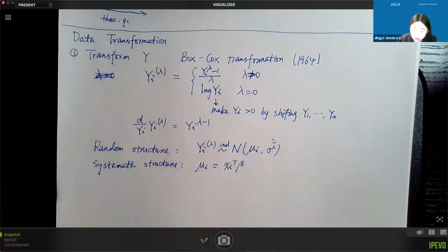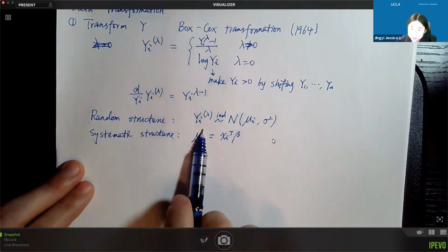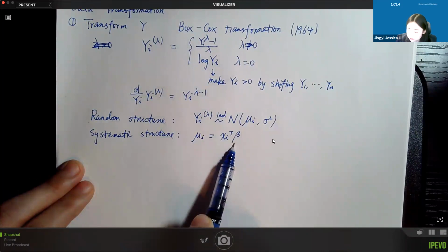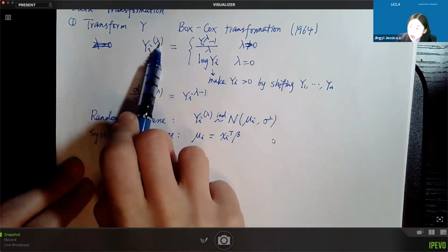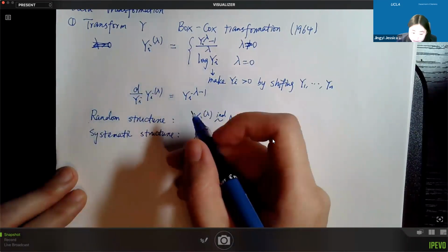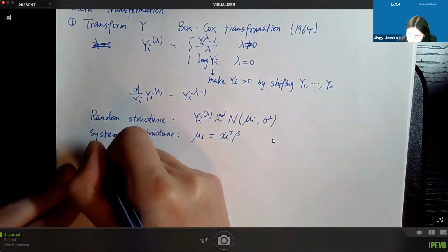Given this model, you can still write down the likelihood. The likelihood is now a function of three parameters: the beta vector, the variance sigma squared, and the new parameter lambda, which also needs to be included. So let's quickly say that we would have this likelihood.